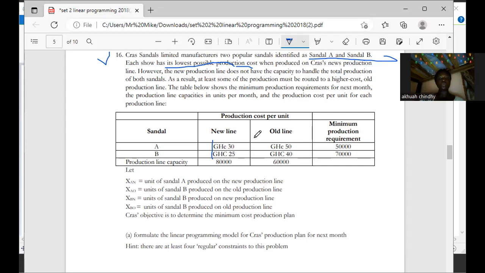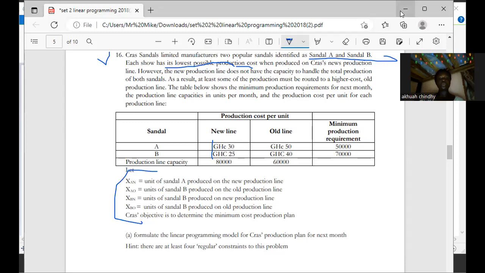So with the objective function, you would pick sandals A, then sandals B. But in defining the decision variables, the question has already defined it for us. You can see from here, right? It has already defined that XAN is the unit of this.